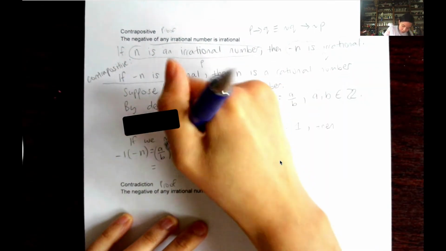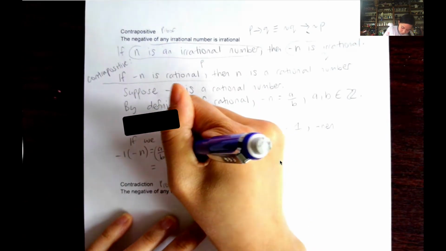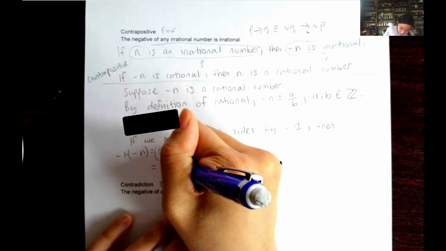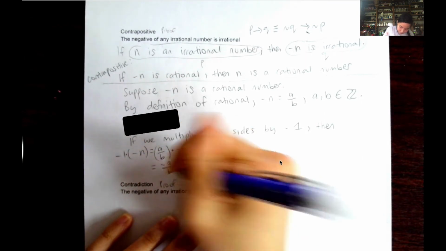I'm not going to write it like this because it's a bit confusing, so times -1 times -1, that equals -a over b.